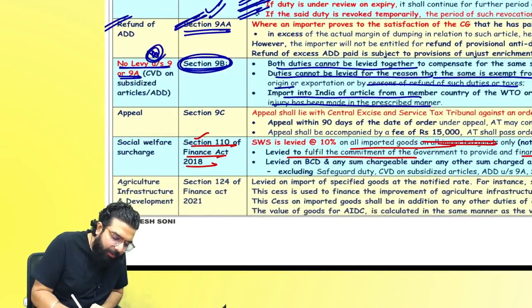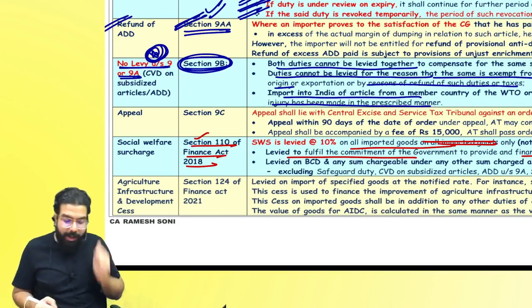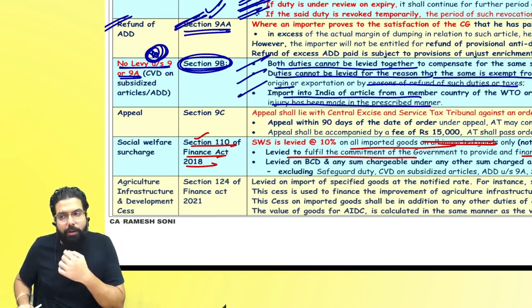They ask sometimes, no levy under section 9 or 9A, basically no levy of CVD on subsidized article or anti-dumping duty if 3 points. Remember, both can be charged, but both cannot be charged together.